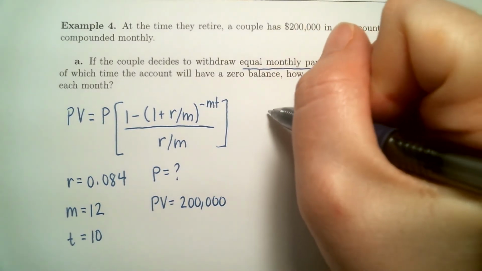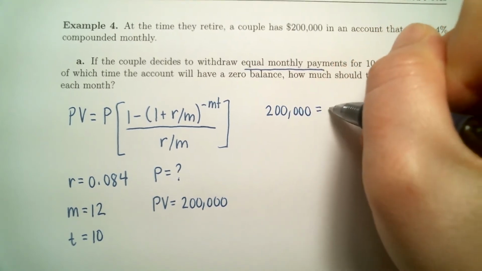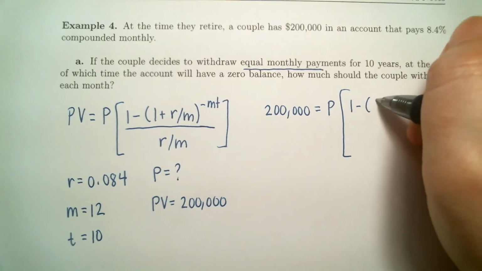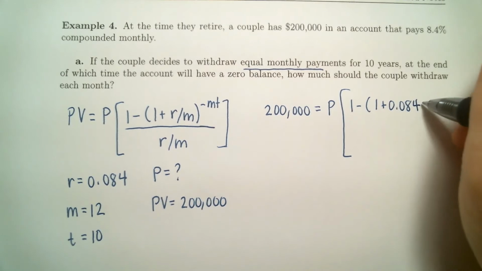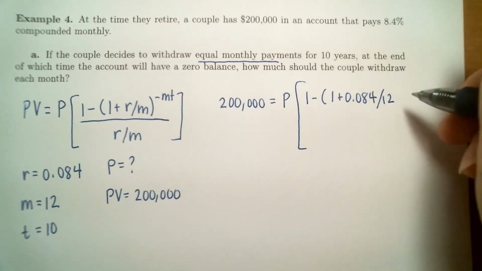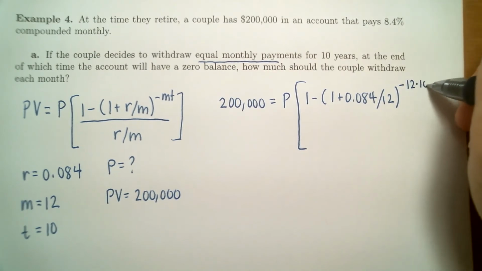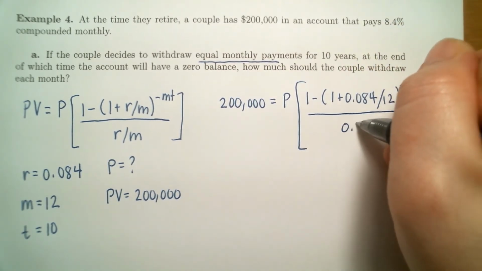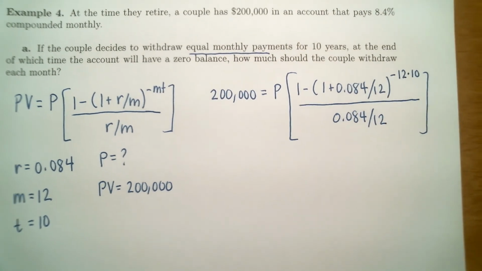We're going to get 200,000 is equal to P times all this stuff in brackets. So 1 minus (1 plus R over M) raised to the, remember, there's a negative exponent here, so negative M times T, all over R over M. This is how you're going to plug into it.